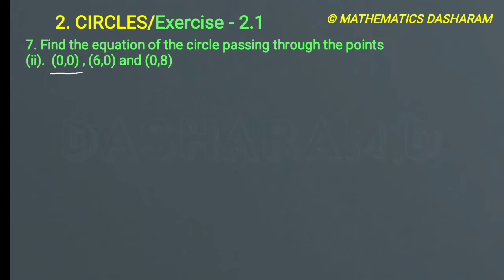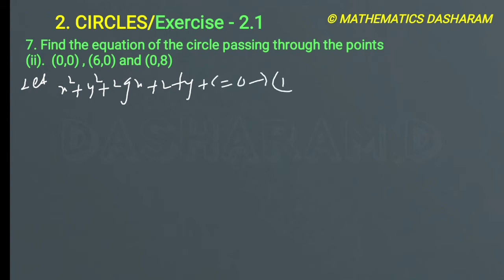Second question: (0, 0), (6, 0) and (0, 8). Let the equation of a circle be x² + y² + 2gx + 2fy + c = 0, equation 1. In this we find the g value, f value and c value.